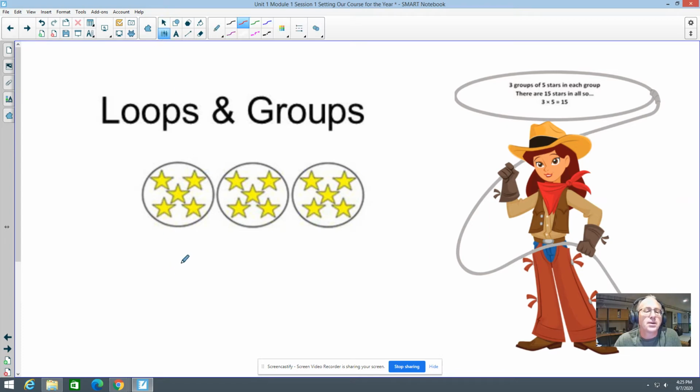So again, that would be three groups of five, and that multiplication gives 15 stars. Now, I remember that one when I taught third grade. You did that right in the beginning of the year with Loops and Groups.